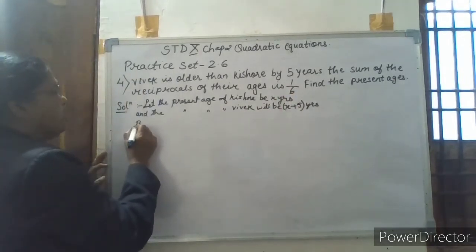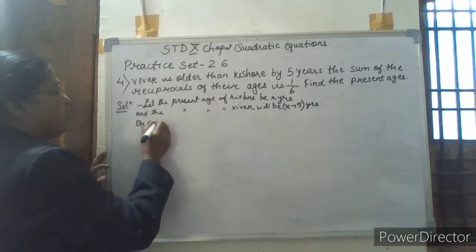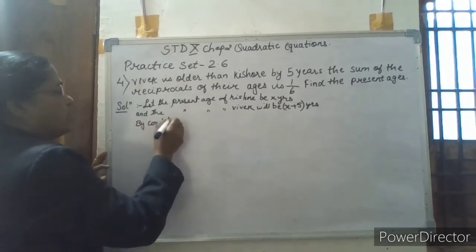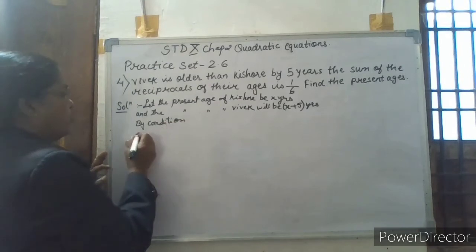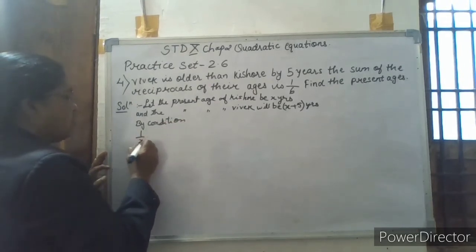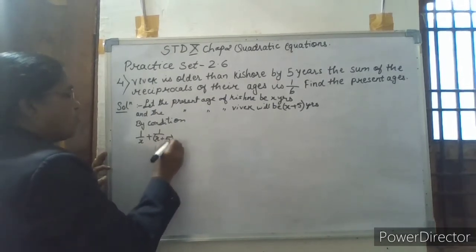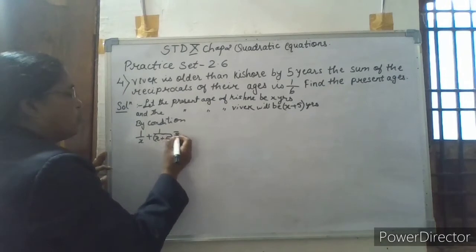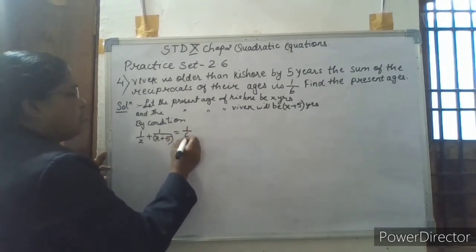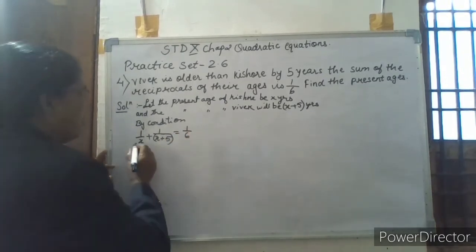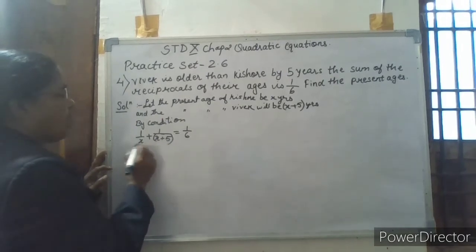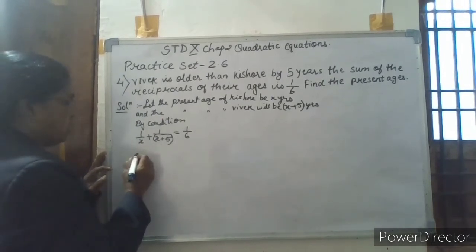So by condition we will get 1 by x plus 1 by x plus 5 is equal to 1 by 6. Now, we can solve it by cross multiplication.